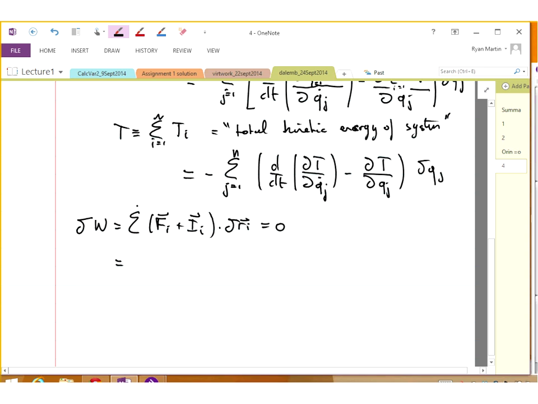The first term, the sum over the external forces, we could write as the sum of j equals 1 to n of Qj delta qj. And we just found that the second term we can write as minus the sum from j equals 1 to little n of d by dt of ∂T/∂q̇j minus ∂T/∂qj, delta qj.